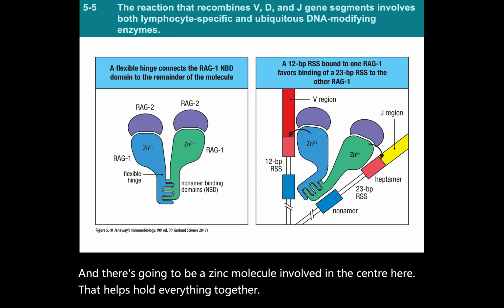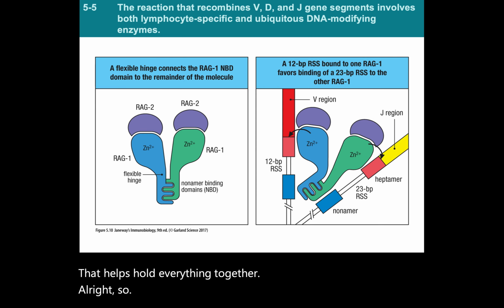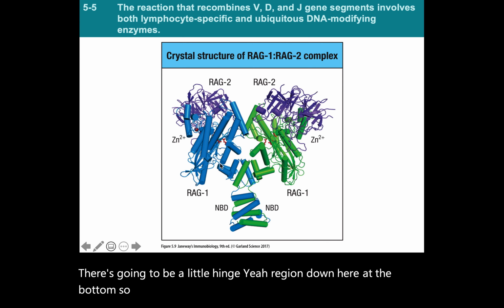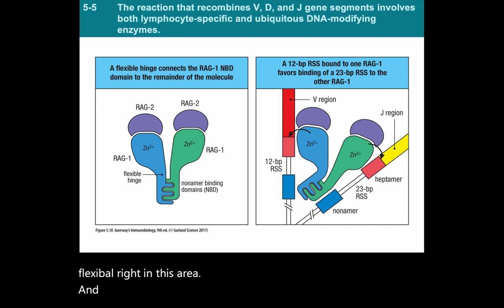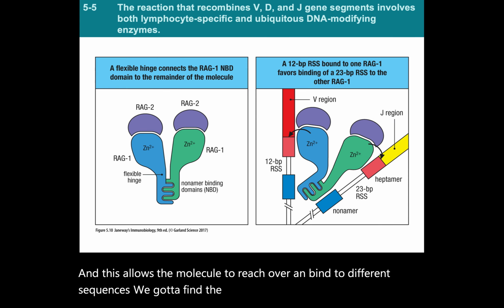All right, so there's going to be a little hinge region down here at the bottom. So that's right in here, where it's going to be a little bit flexible. And this allows the molecule to reach over and bind to different sequences. So we've got to find the 12 end, and we've got to find the 23 end.